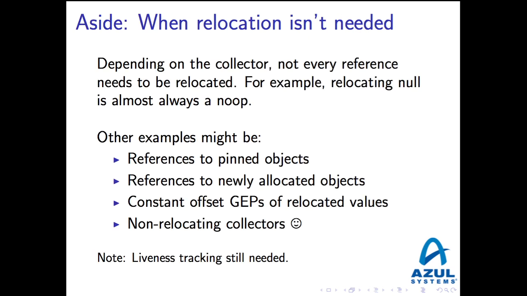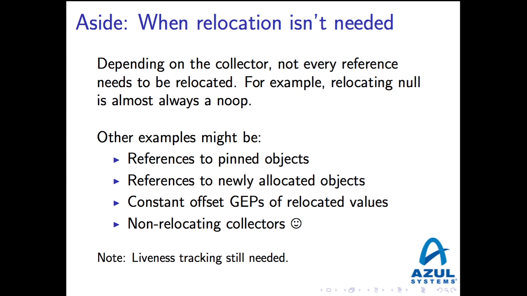Before I move on, I just want to make a quick aside. So far, I've been making the assumption that every reference needs to be tracked and relocated at every safe point poll. This actually isn't the case. One classic example is a null pointer. The null pointer doesn't actually point to an object, and its value is almost always going to be invariant for every collector I know of.